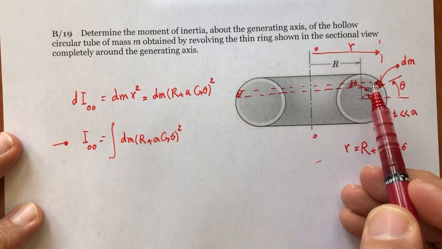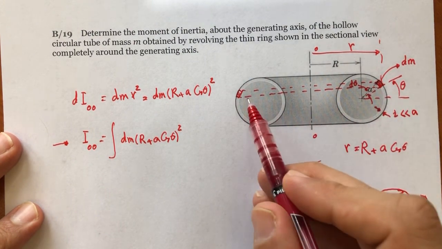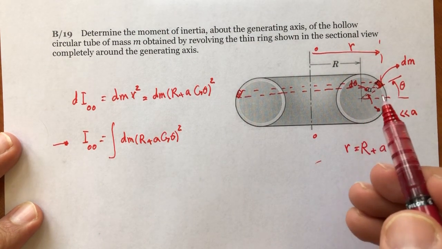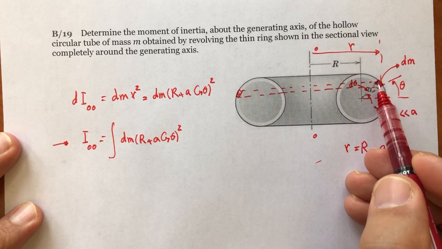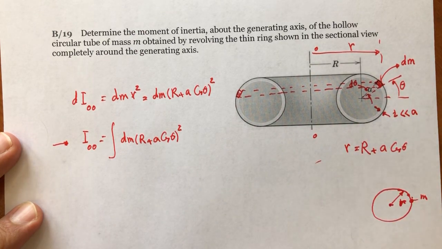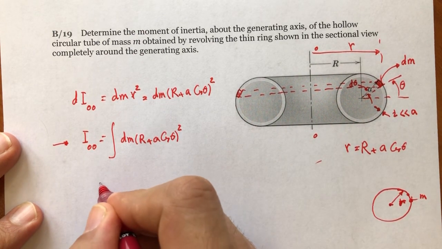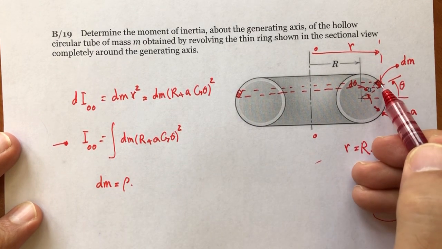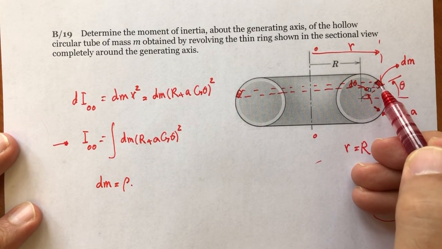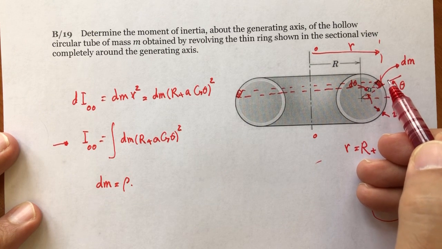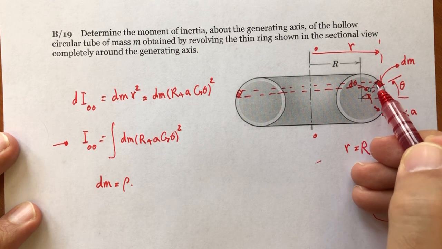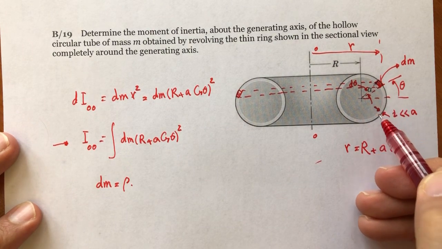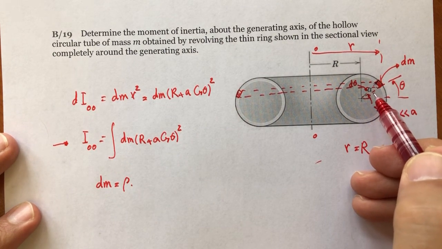Mass of the ring is going to be rho times the volume of it. And the volume is going to be this cross section times the circumference of the circle, right? So dm is going to be equal to rho times the area of the cross section. This is kind of a rectangle, right? It's very close to a rectangle because dθ is a very small angle.